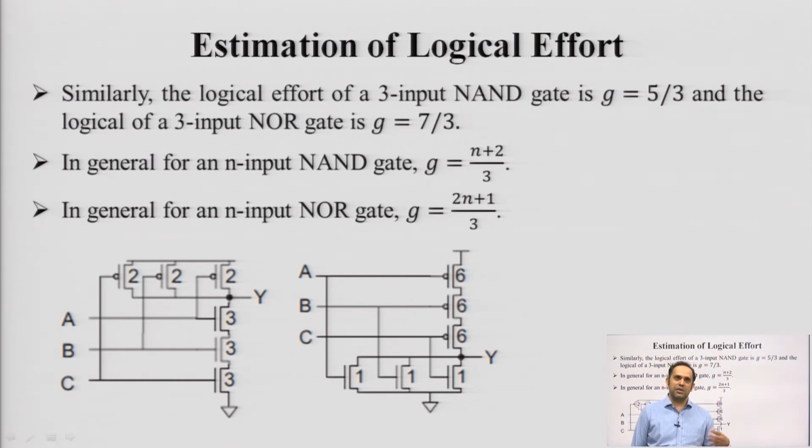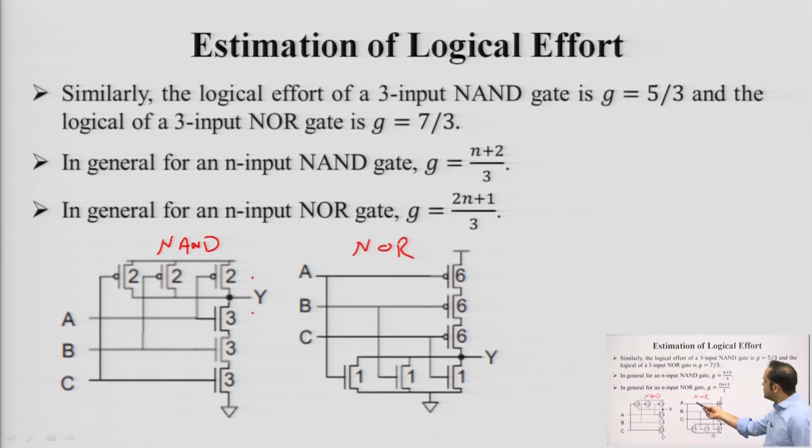Similarly, for a 3 input NAND gate, each input sees an input capacitance of 2 plus 3, 5 units. And for a NOR gate, so this is a 3 input NAND gate and this is a 3 input NOR gate, each input in a 3 input NOR gate sees 6 plus 1, 7 units of input capacitance, and a similar inverter is going to provide 3 units of input capacitance.